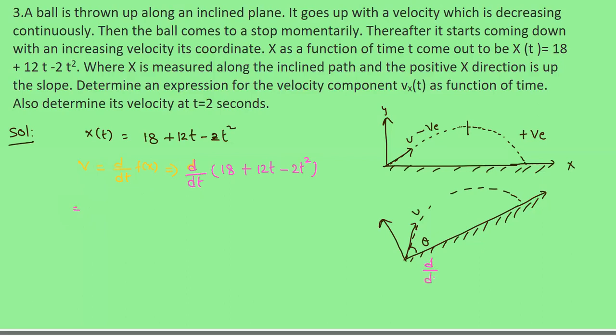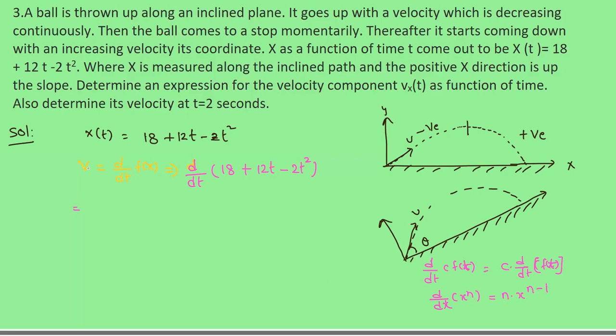The d by dt of constant times f(x) is the constant times d by dt of f(x), and the function here is in terms of time. Another formula we use repeatedly: d by dx of x to the power n is n times x to the power n minus 1. That formula again we are going to use here.